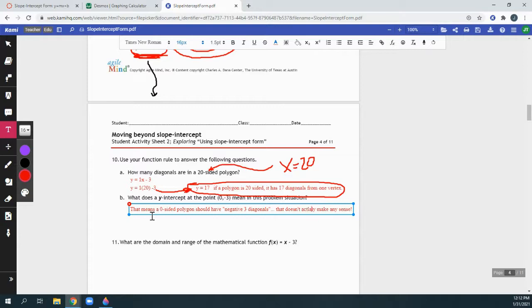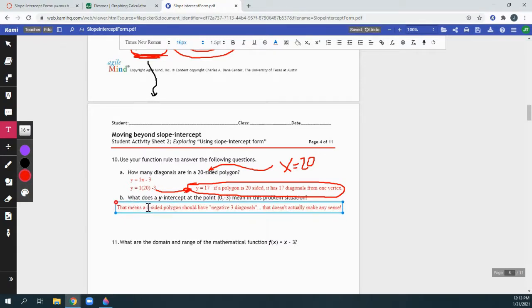Now, what could I do if it doesn't make any sense? Well, something I could do is set a domain and range.